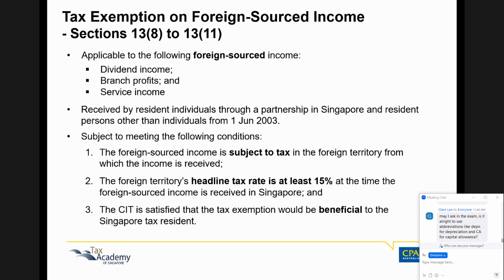This point 3 would actually mean that if this tax exemption does not benefit the Singapore tax resident, the Singapore resident can still choose to tax this income in Singapore. Even though it's tax exempt, if it's not beneficial, the tax resident can still choose to tax this income in Singapore. Perhaps sometimes it could be some PTA tax rate issue. But this is just for info. It won't be in that sense.